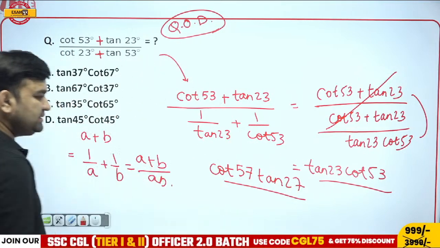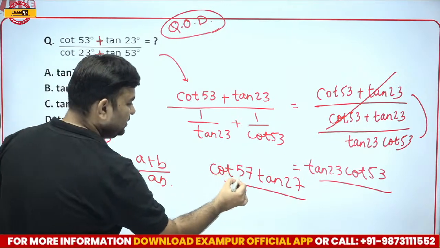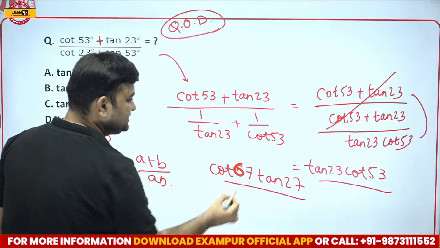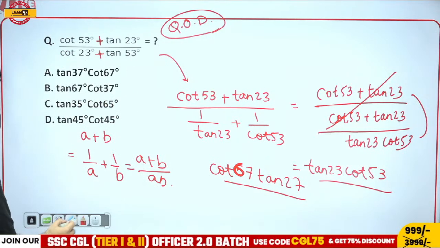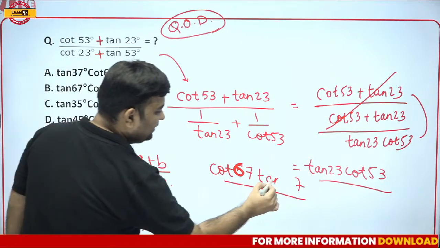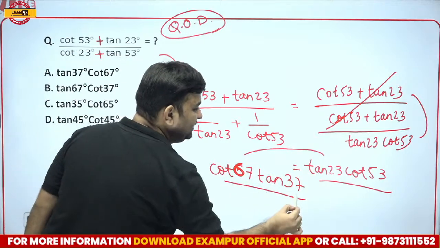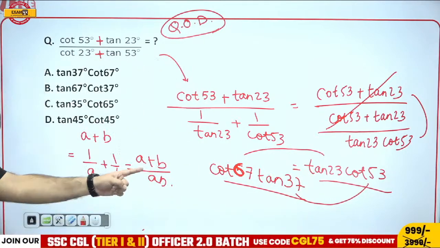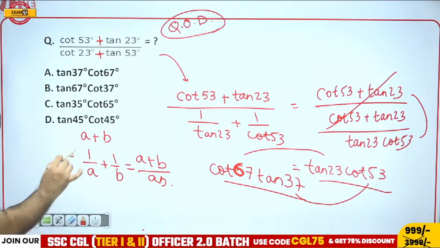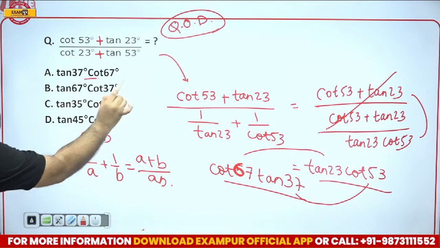Is it in the options? Sorry, it's 67. 67, 27. Oh, 37. Yaar, aaj kya hua? Maine 80 kar diya. Okay, 37. This plus this should be 90, na? Okay. Cot 67, tan 37.